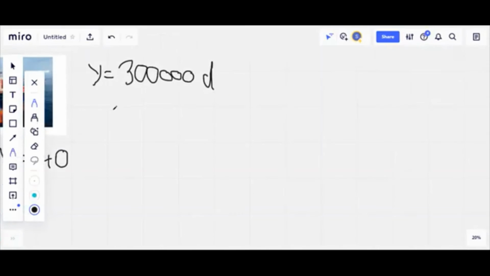So we'll start from here. Let's rewrite that as 40 million is equal to 300,000 multiplied by D. Now to get the amount of days, D for days, we have to get that D by itself.